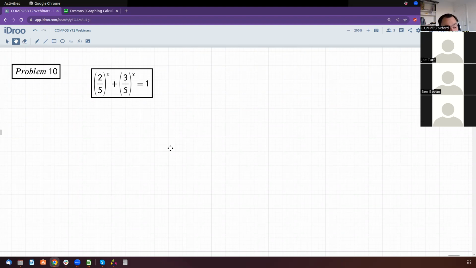Maybe somebody can help me? X is 1 is the solution. Very good. So sometimes you can just guess it. X equals 1 is the solution. Oh, the question is to prove that there are no other solutions.